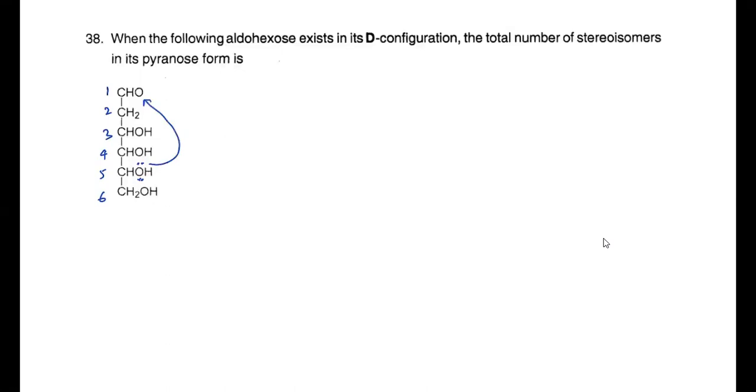And we want D configuration, that means CH2 must be at up position. So this is the pyranose structure in which we want CH2 at top position because it is given D pyranose form. So this CH2 must be at top. This ensures its D position.